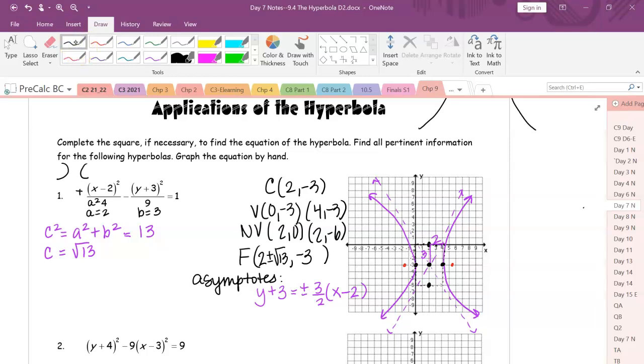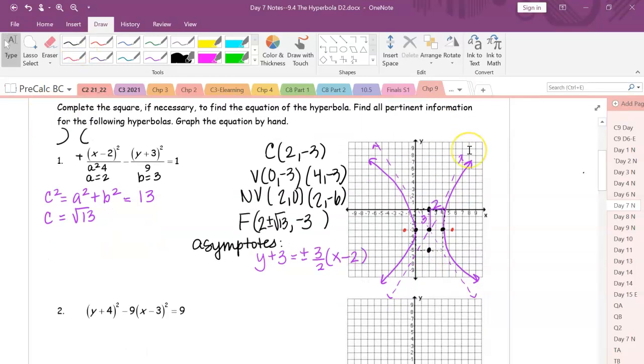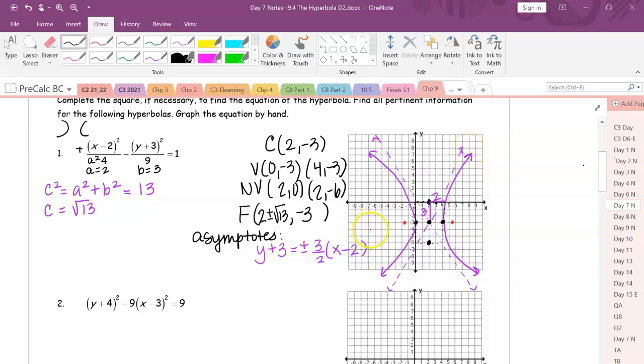All right, and finally we're going to write the equation of the t-axis and c-axis. So the t-axis always goes through the hyperbola and always through the center. So our t-axis, our equation in this case is y equals -3. And our c-axis just goes the other way, also through the center.